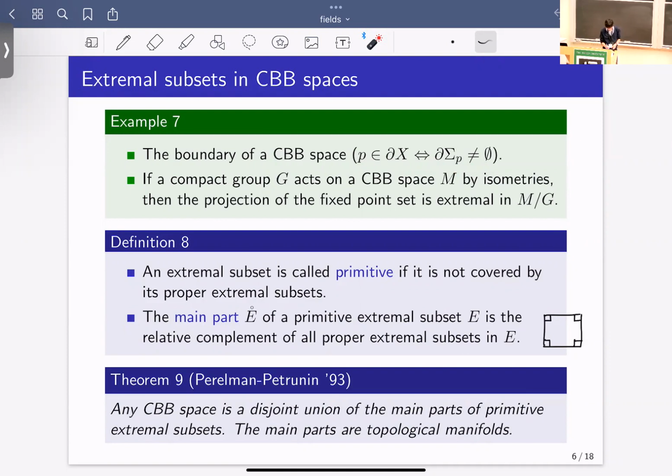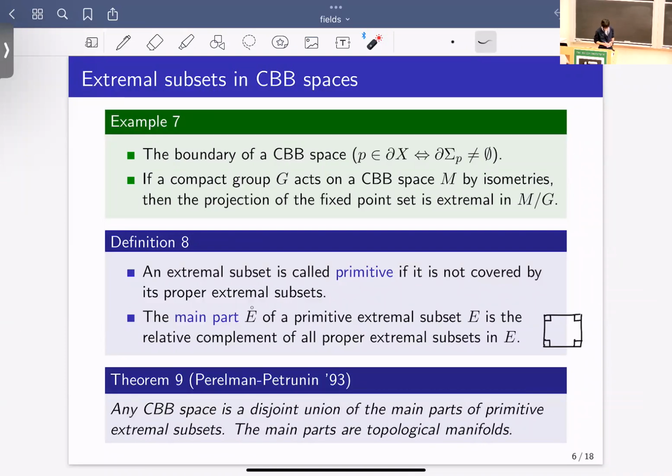And another example comes from group actions. Suppose you have a compact group G acting on a CBB space M by isometries. Then the quotient space is a CBB space with the same lower curvature bound, and the projection of the fixed point set to M over G is extremal.